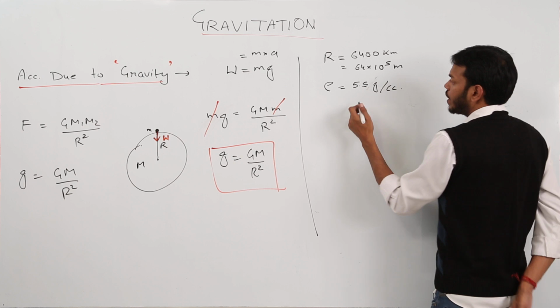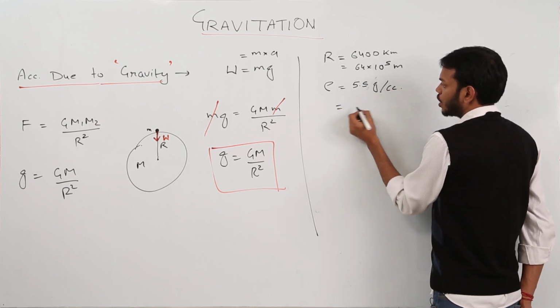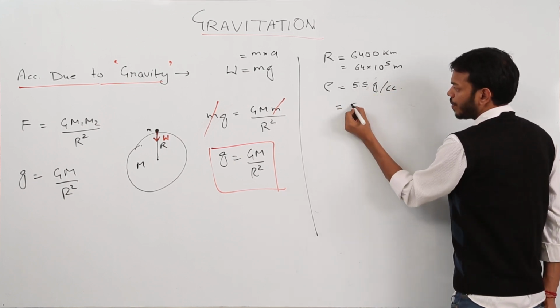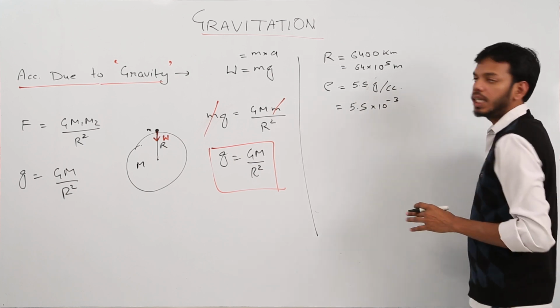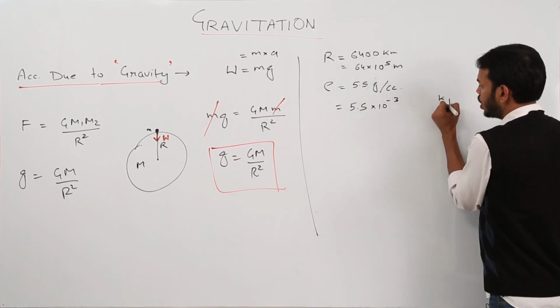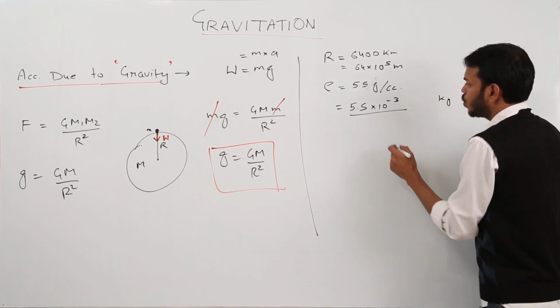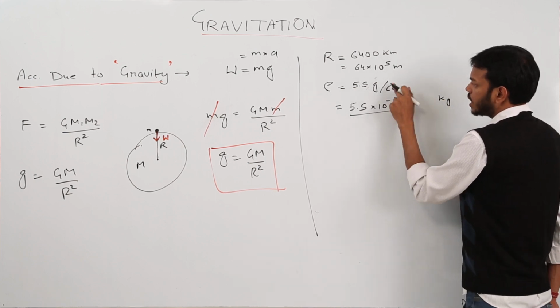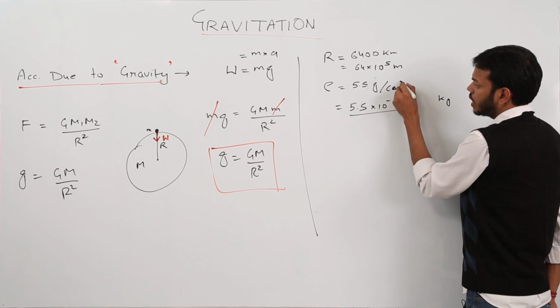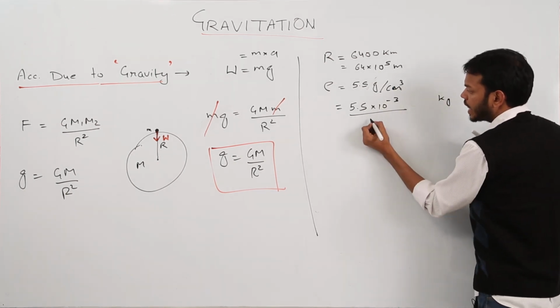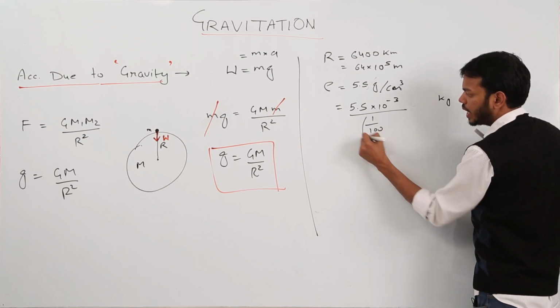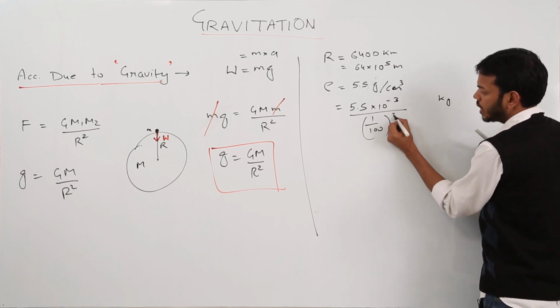So how can we convert this 5.5 gram per cubic centimeter into kg per meter cube? Instead of gram I can write 10 raised to power minus 3, so now it becomes kg. And centimeter cube, what is centimeter cube? Cubic centimeter means centimeter cube, right? And I am converting it like this. 1 centimeter is 1 upon 100. So cube means this.